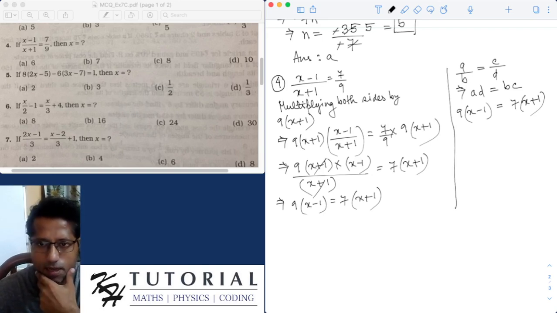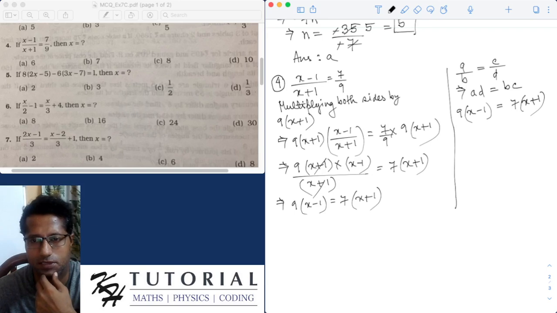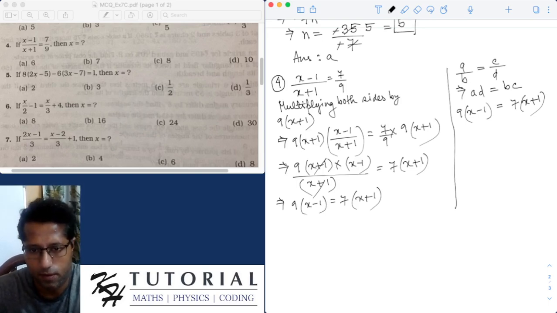And on the left hand side I applied the concept of multiplying both the LHS and RHS by some non-zero number, which is 9 into x plus 1, since I see that 9 is in the denominator of some fraction and x plus 1 is in the denominator of another term. Okay. So now if we open the brackets and simplify both the LHS and RHS, we get 9x minus 9 equals 7x plus 7.